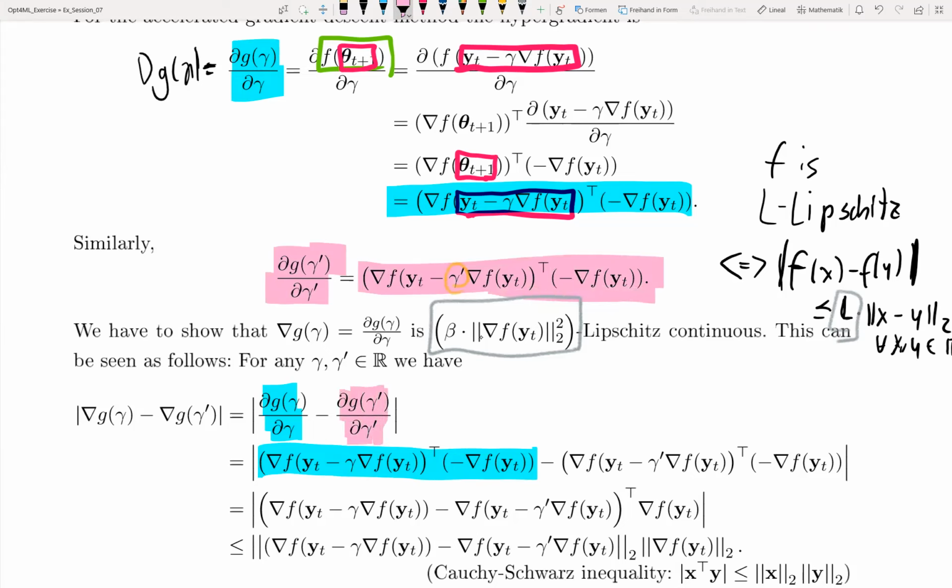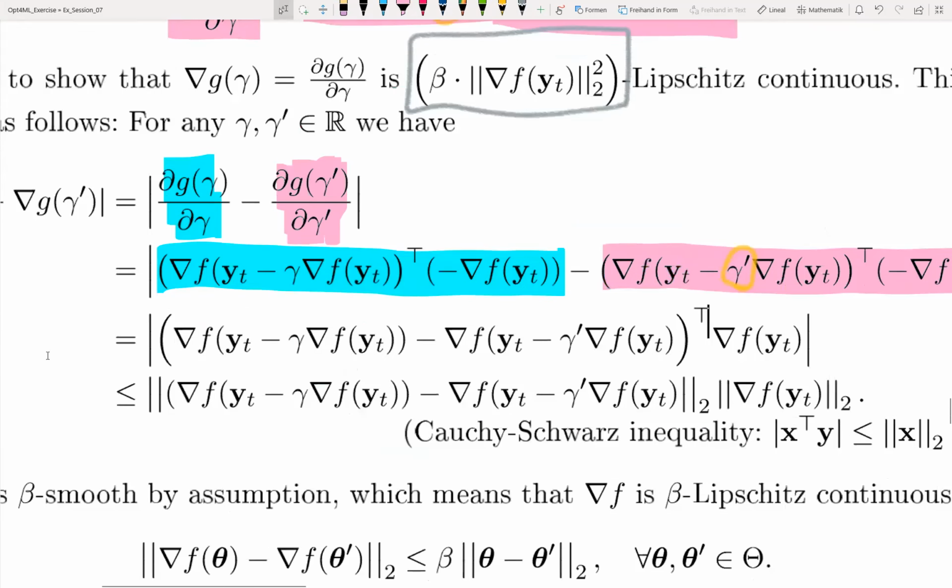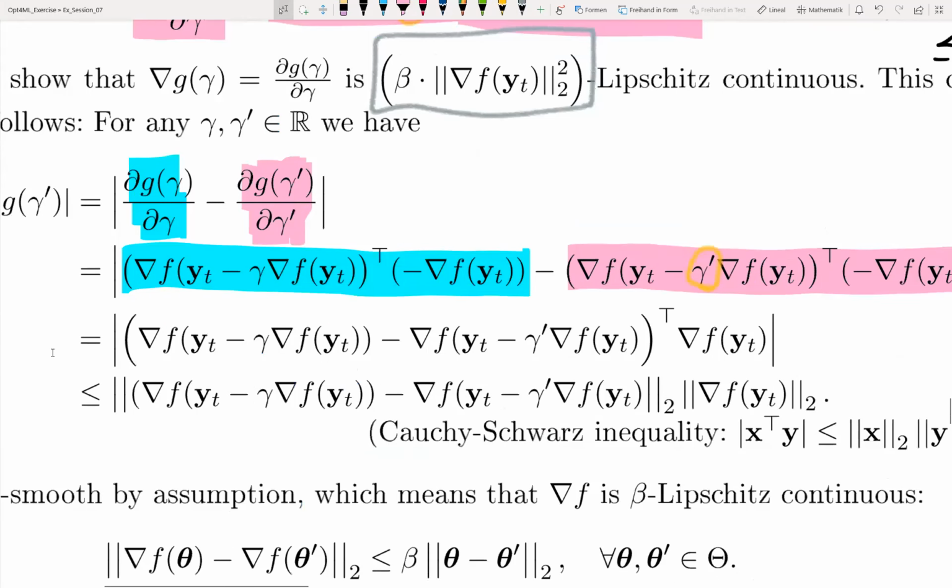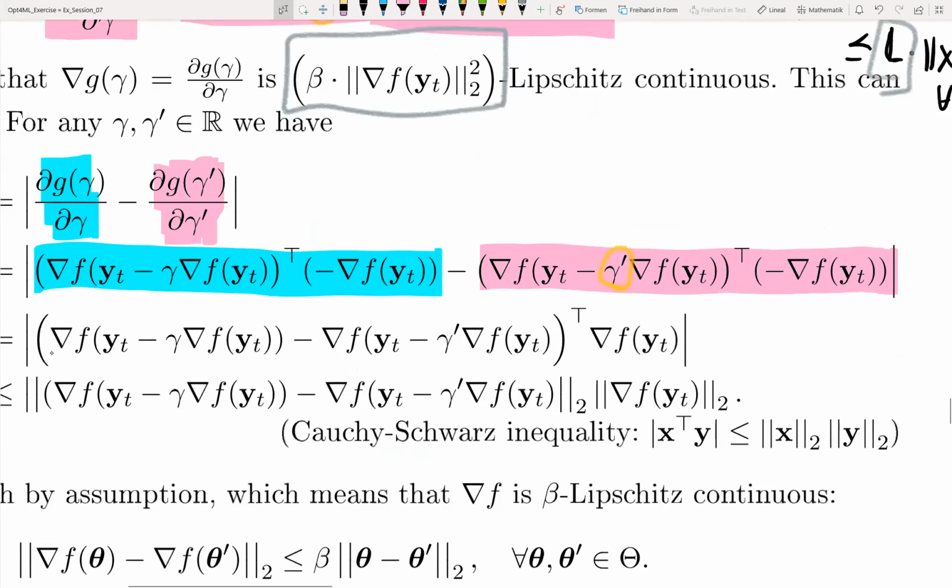All right, simply plugging in definitions. And now we only have to look at this term in cyan and pink, or rose, I don't know, some red color, more closely.